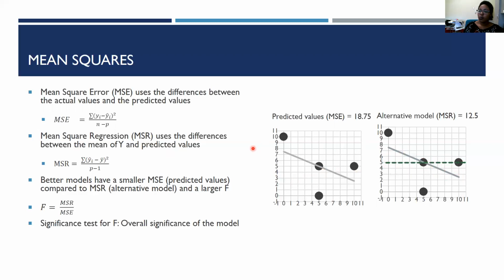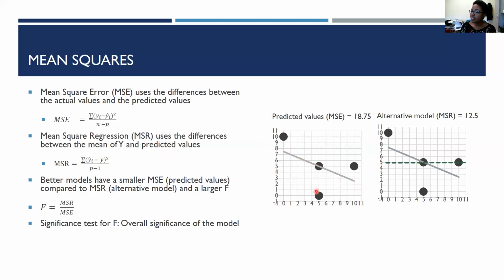And so when we're comparing these two mean squares, we want our mean square regression to be a lot larger than our mean square error. That would mean that this line is fitting the data much better than just some flat line would.